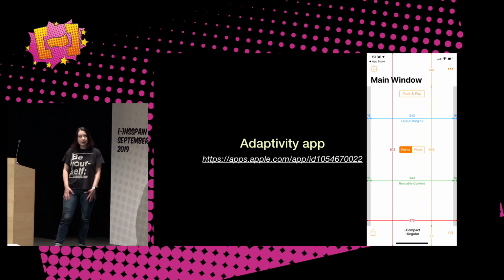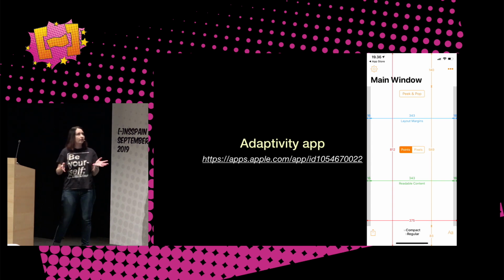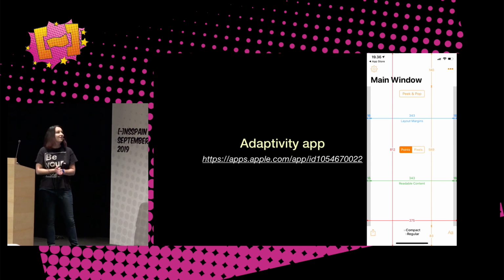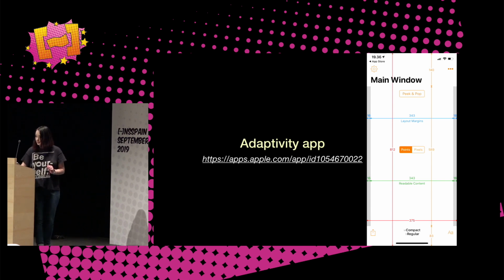There's also an app called Adaptivity, and it lets you try all these different margins, readable width, and all kinds of things on the device that you have. So it's a bit more hands-on experience for learning these things. It's not me who created this app. I just think it's really amazing. And they have a free version and a paid version.